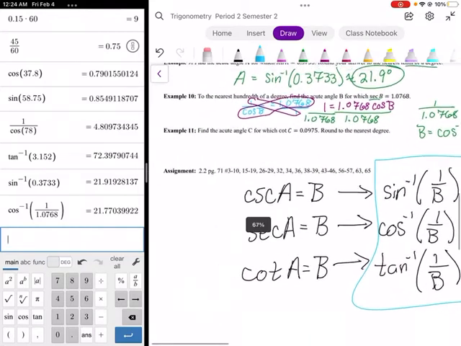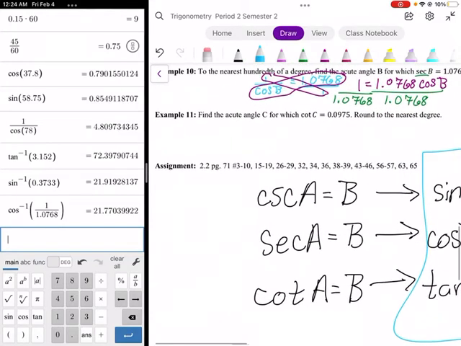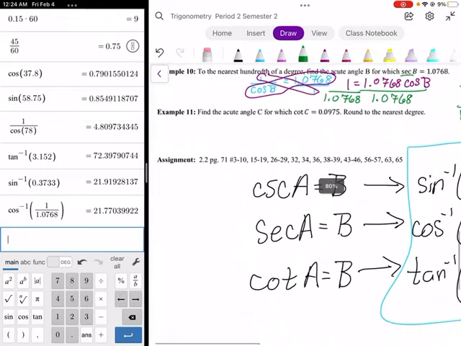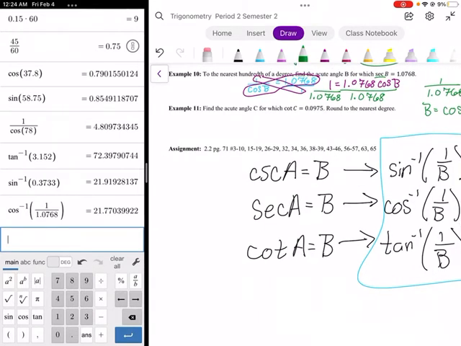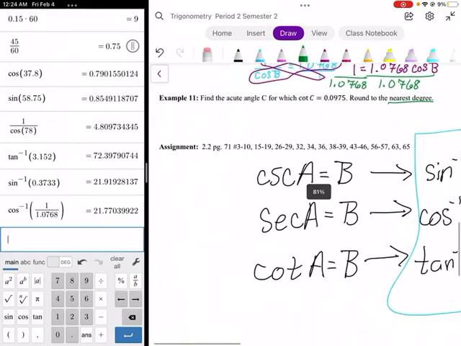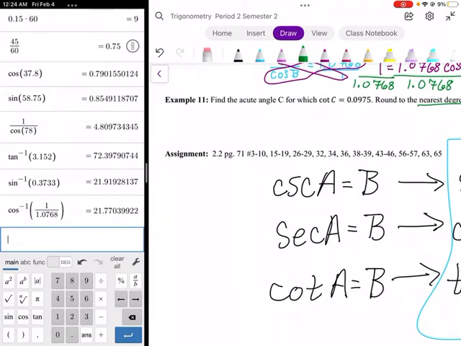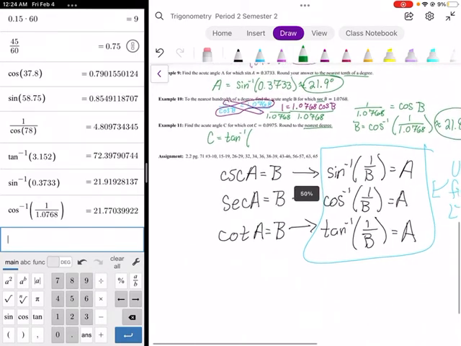Knowing that, if we look at example 11, they want us to find the acute angle C for which cotangent C equals 0.0975. And we're going to round to the nearest degree this time. So tangent is the reciprocal function of cotangent. So for this, we're going to start with C equals, and we're going to do the inverse of tangent, just like we have written down here.